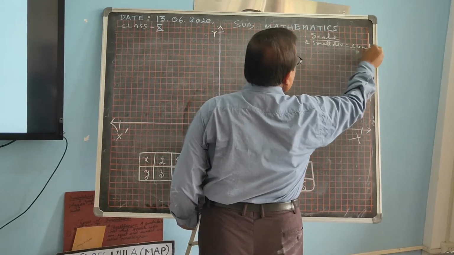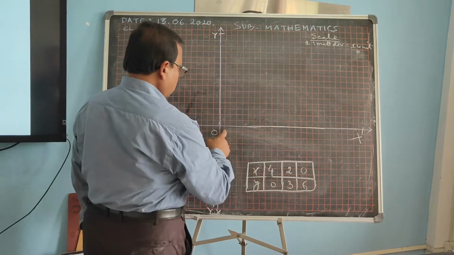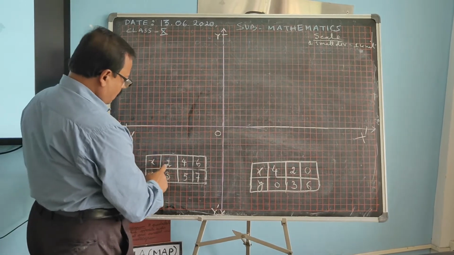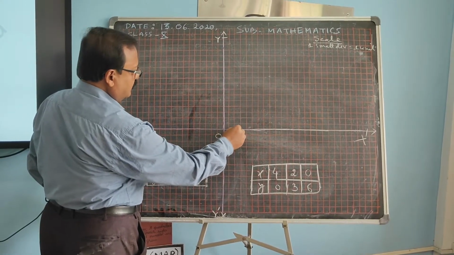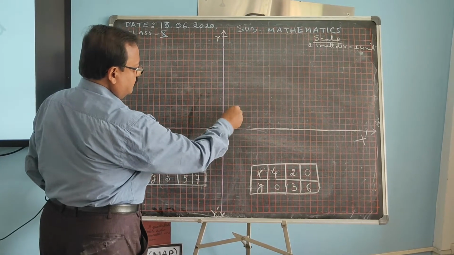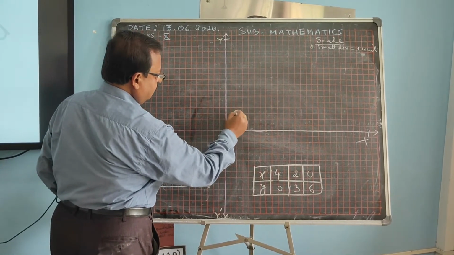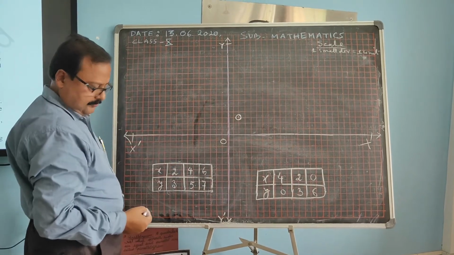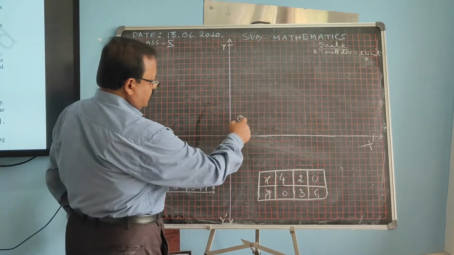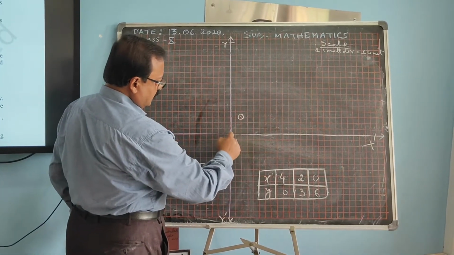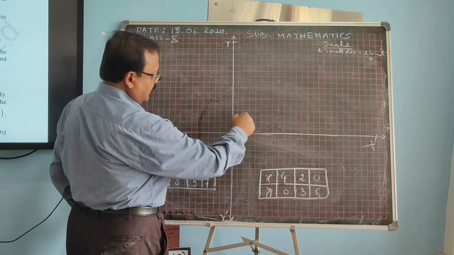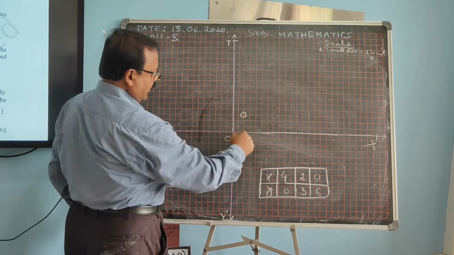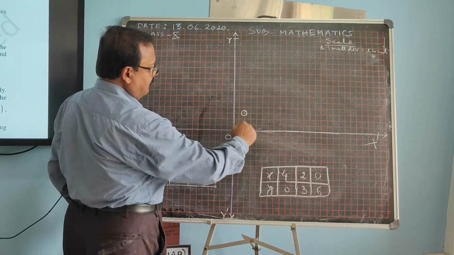Okay, then 1 here, then 2, 3. That is the distance of y from this point on the axis, and the distance from x to this point is called the ordinate.